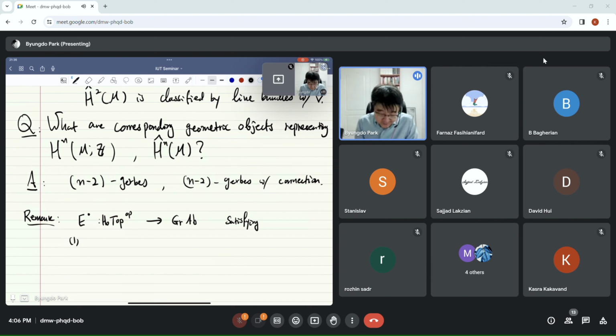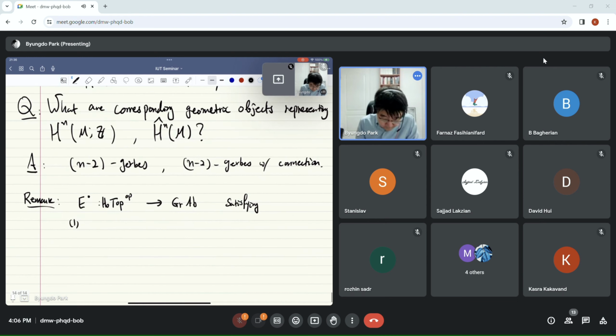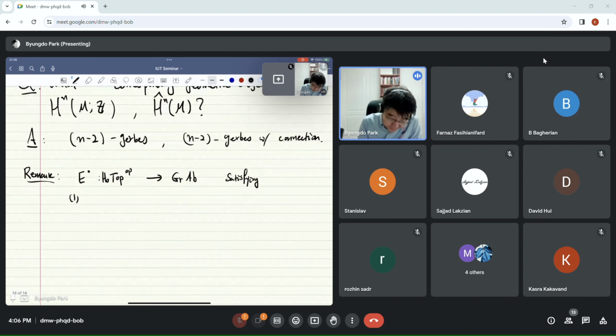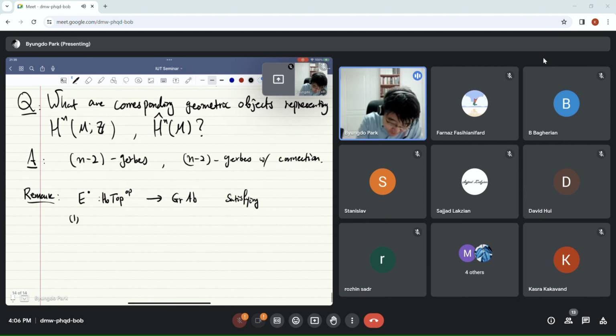By topological spaces, here I really mean not the category of topological spaces, but more like the category of connected CW complexes.